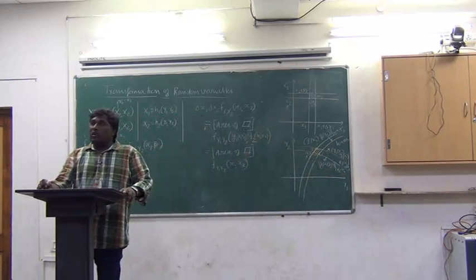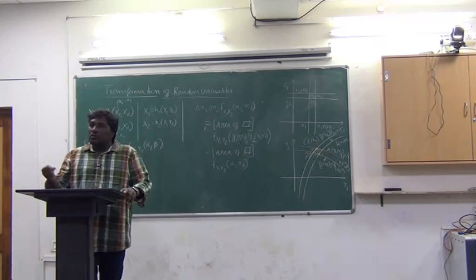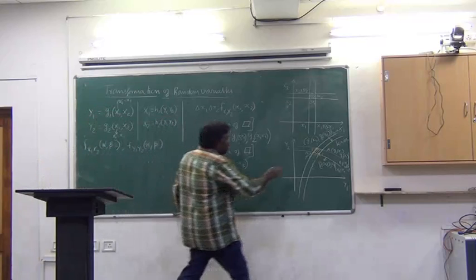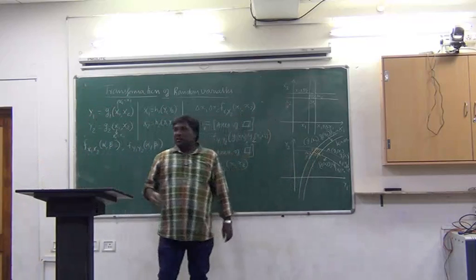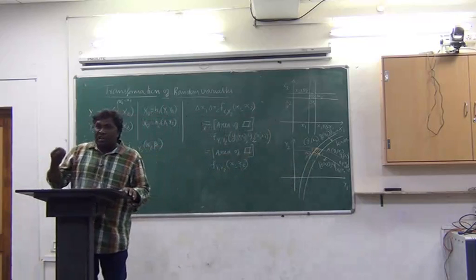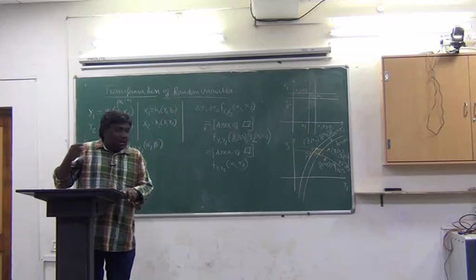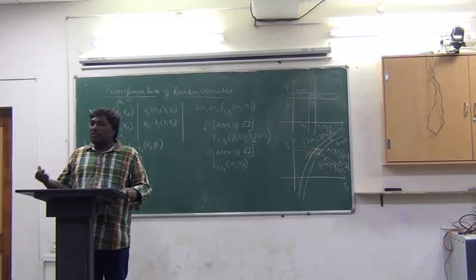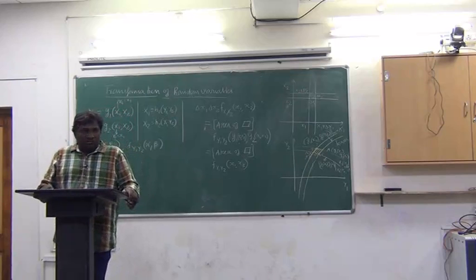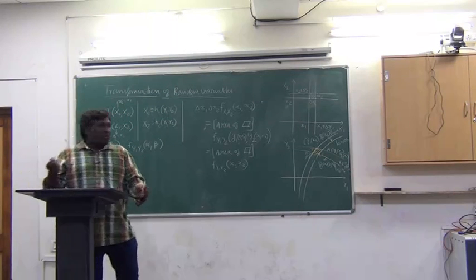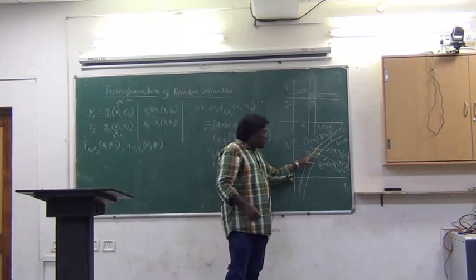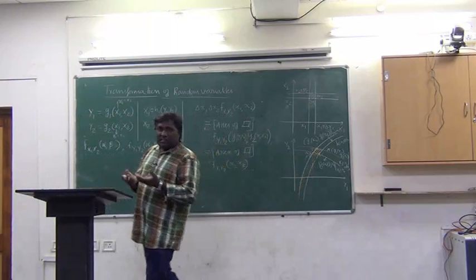We would like to know how this y1 coordinate is changing. Since on this curve we already fixed x2, it is going to change only with x1. So by changing x1, both y1 as well as y2 are going to change.